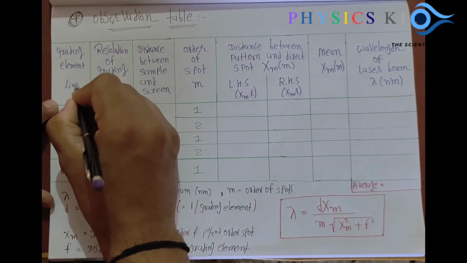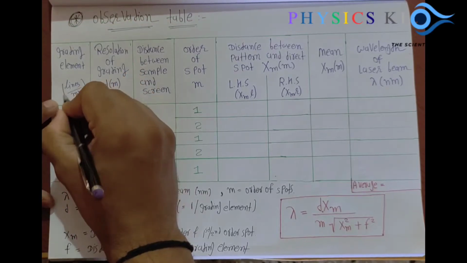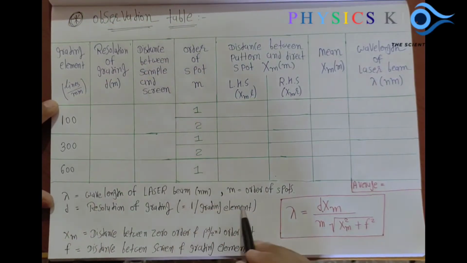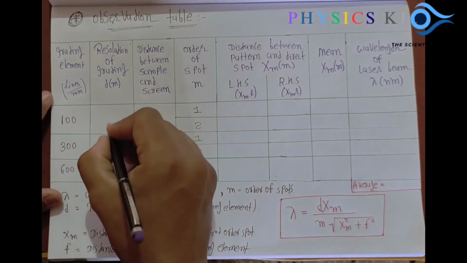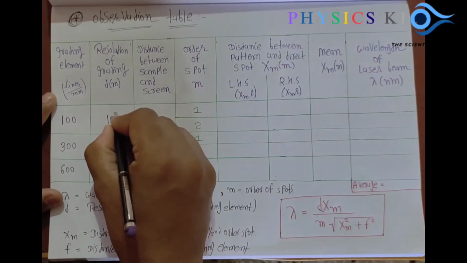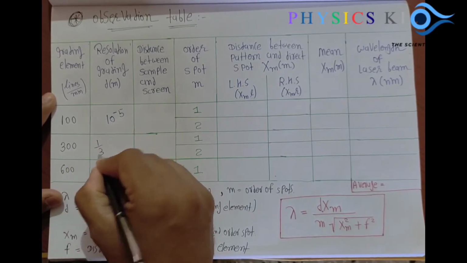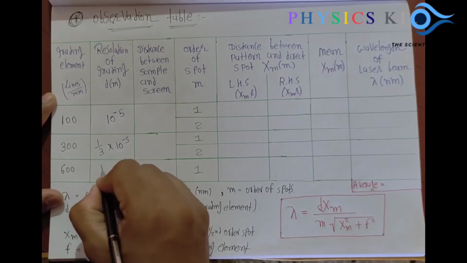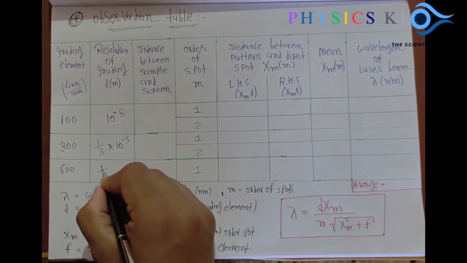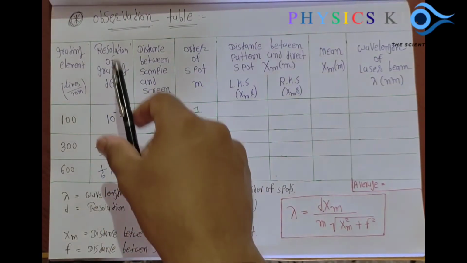But remember this is lines per mm, and the unit of resolution of grating is meter, so don't forget the conversion to meter. 1 divided by 100 lines per mm, just take the inverse, I get 10 to the power minus 5. Again for 300, it is 1 by 3, 10 to the power minus 5. For 600, the inverse is 1 by 6, 10 to the power minus 5. These are in meter.